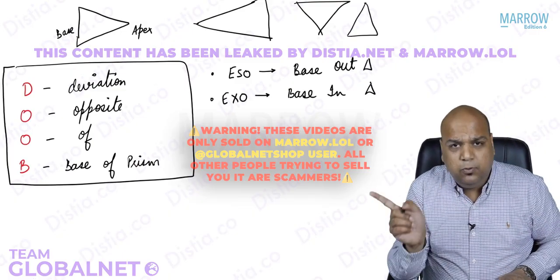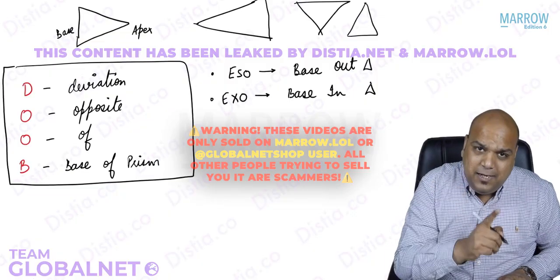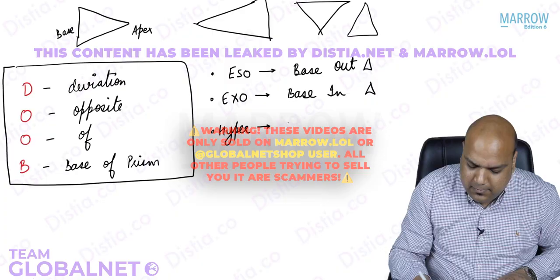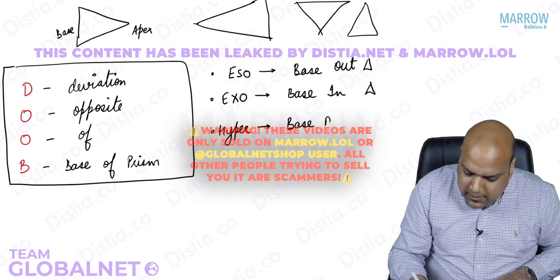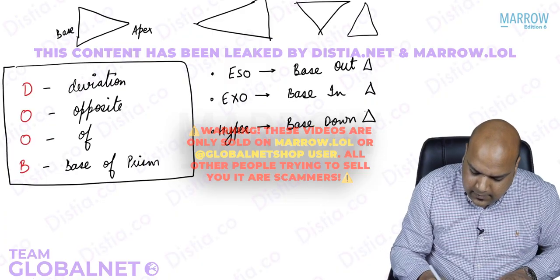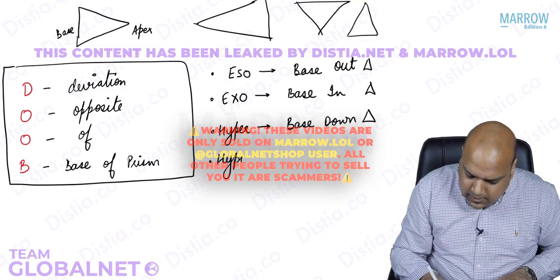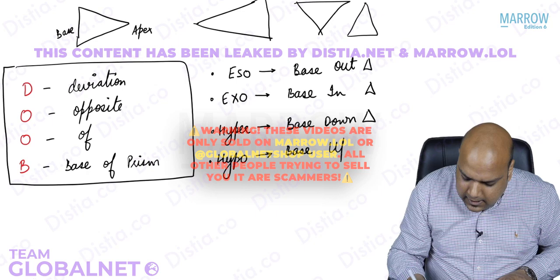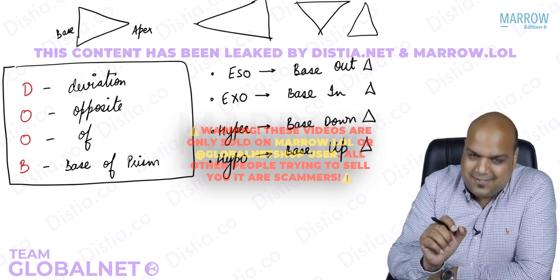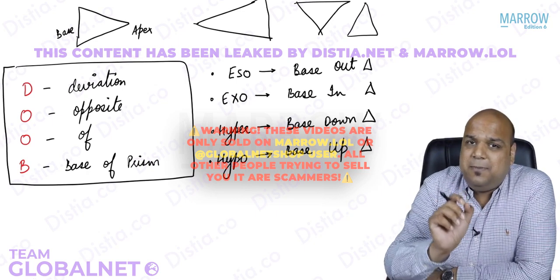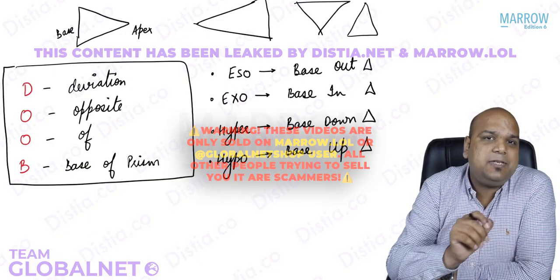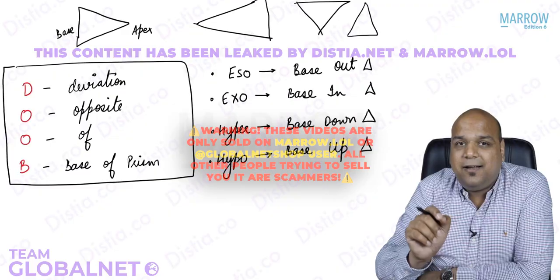EXO means deviation out, so prism base should be in. Similarly, to complete the list, hyper means up, so base should be down. And hypo means deviation downward, so base should be upwards. I hope you understand these bases. Apart from the image direct based questions, this is the kind of question that can be asked as an MCQ to us. Prism bar cover test.